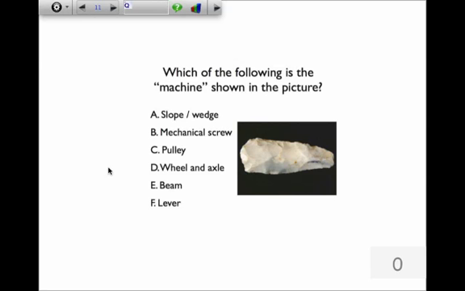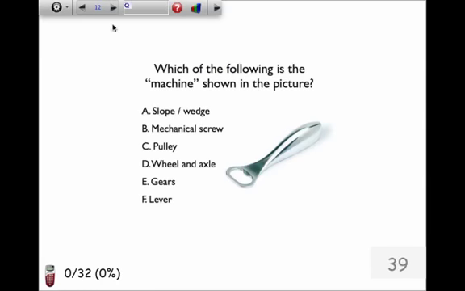They separate the material, and the sharpness of it allows you to initiate the separation of the material easier. But the cutting into it is because of the fact that it's a slope. So it's a small scale slope. So slope or wedge was actually the answer here. Okay, that's a hard one to get your head around.